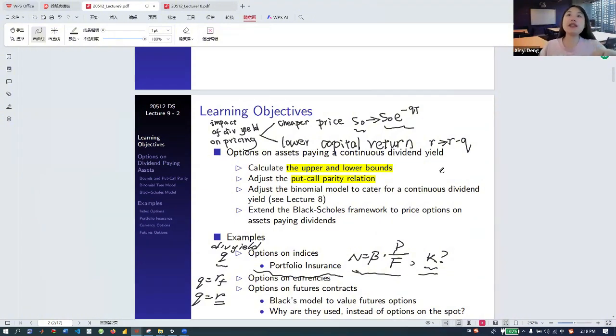For this intuition, you keep r the same, but you assume that your price just starts lower. The dividends reduce the stock price along the price evolution, so you can just reflect that at the beginning. That's the first intuition.